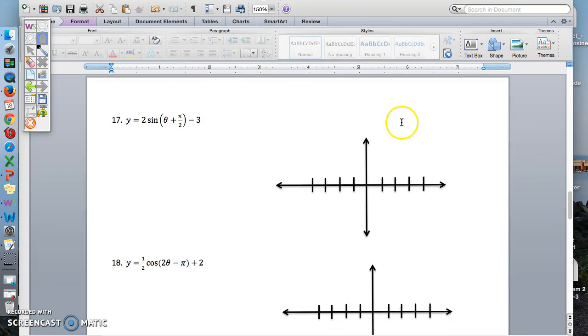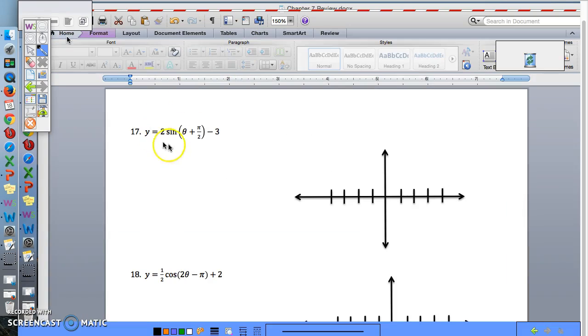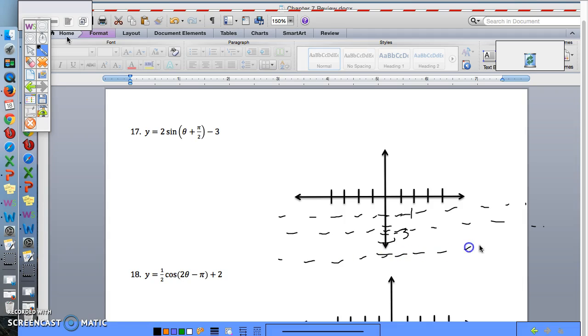All right, so this next one, let's see. Right now I see it goes down 3, so I'm going to go 1, 2, 3, negative 3. Dash that in. Our amplitude's 2, 1, 2. So that would be at negative 1, negative 3, negative 4, negative 5, down 2. And we're at negative 5.